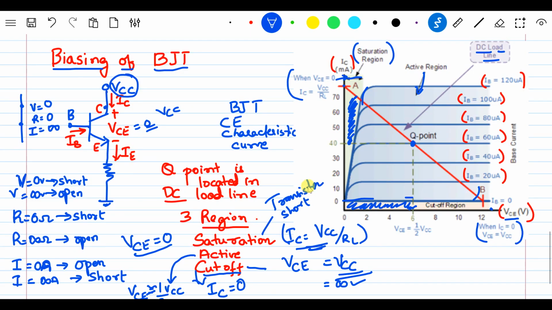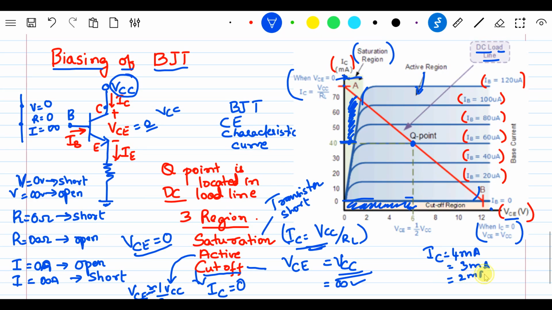Whereas IC will be some numerical value. We don't make any assumption there. IC will be some milliamps. Assume that IC will be equal to 4 milliamps or 3 milliamps like that. Theoretically, I can say IC will be either 3 milliamps or 2 milliamps or 4 milliamps. It all depends on the type of transistor we take.